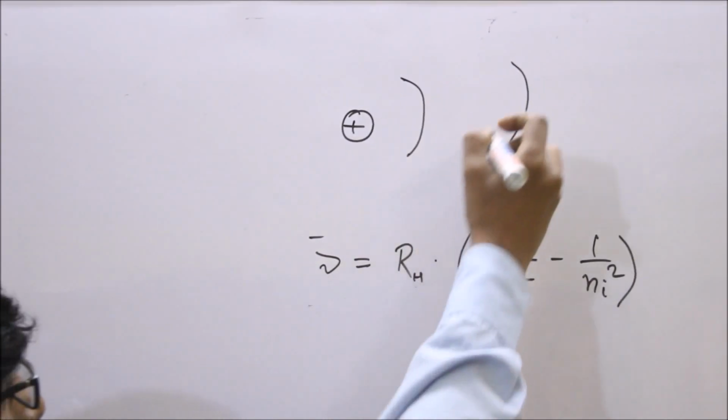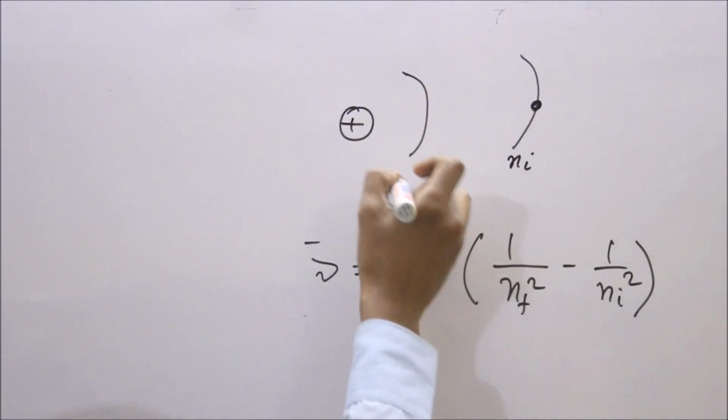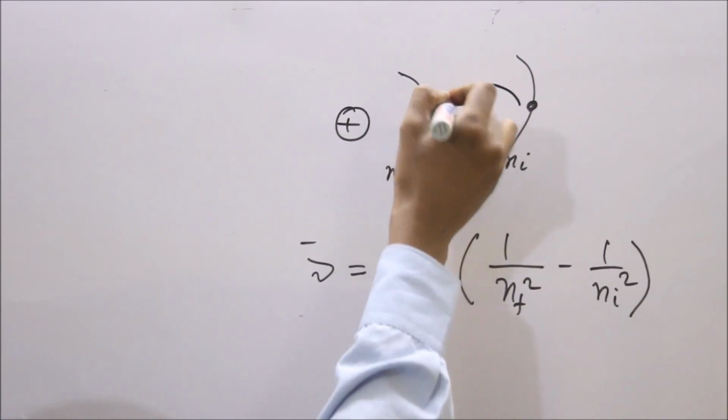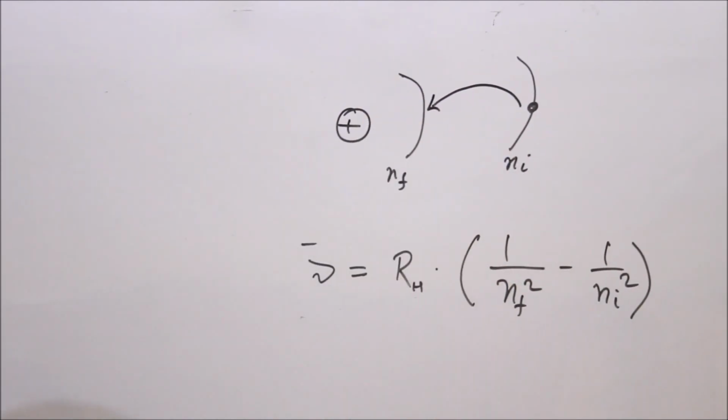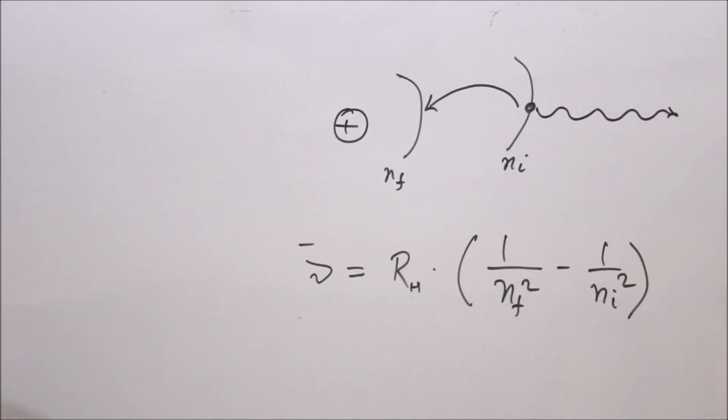Suppose one electron is present in the shell called Ni, and when it jumps from Ni to Nf, a certain amount of energy is released, which is called spectra.